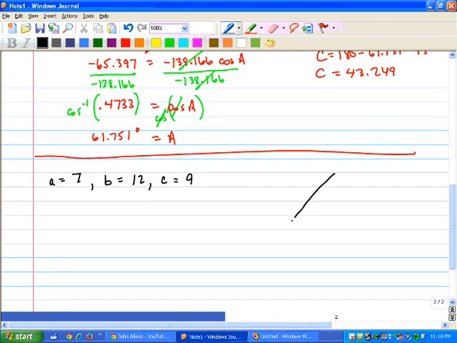If we draw this triangle, recall that the angles have to be labeled opposite their corresponding sides.